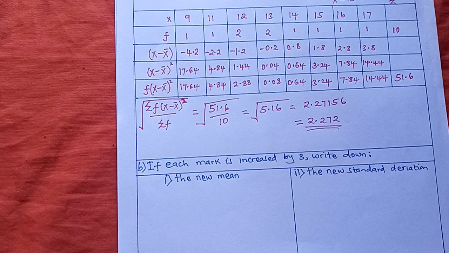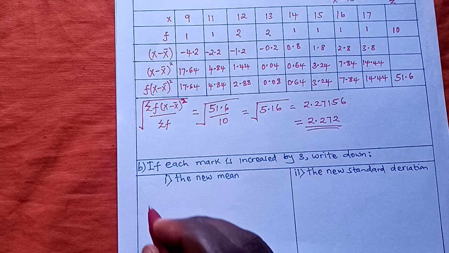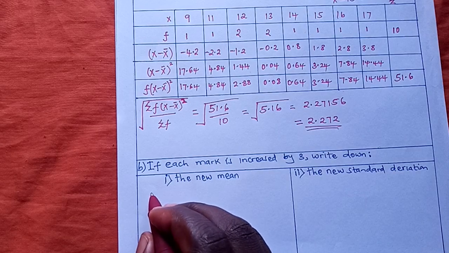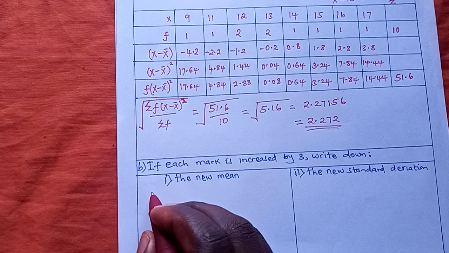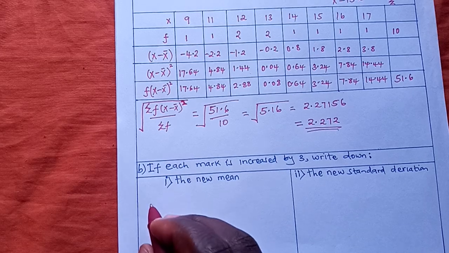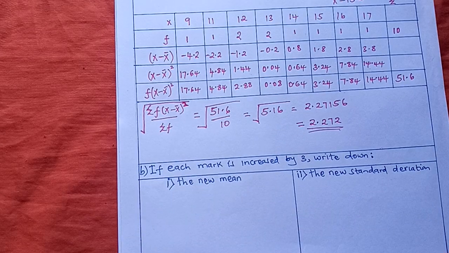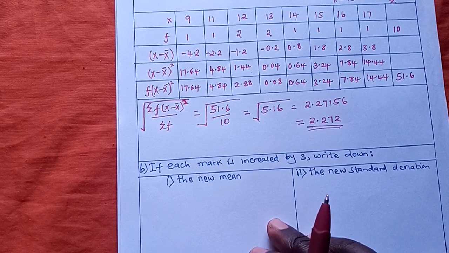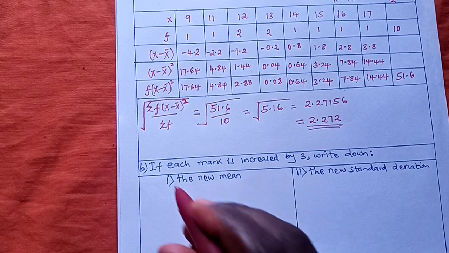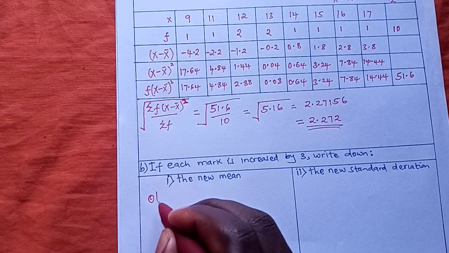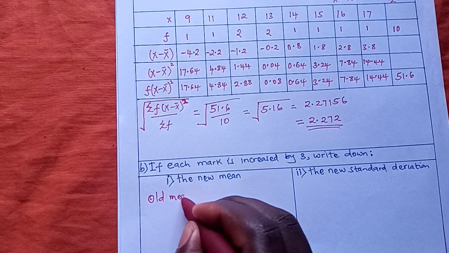Now, if each mark is increased by 3, write down (i) the new mean and the new standard deviation. How are we going to get this new mean and the new standard deviation? It is very simple. First of all, we write down the old mean.